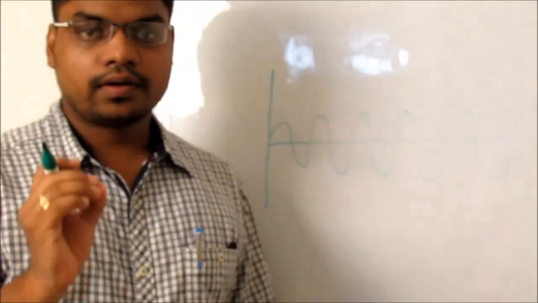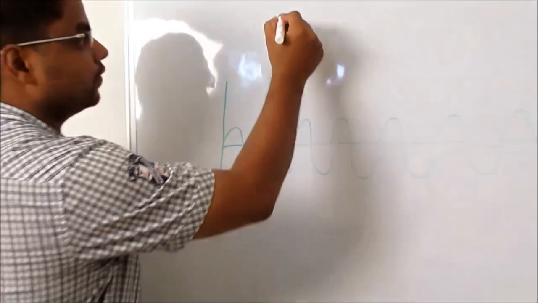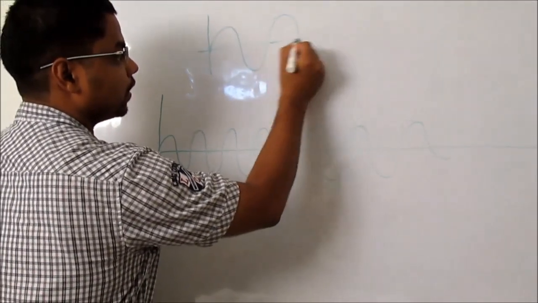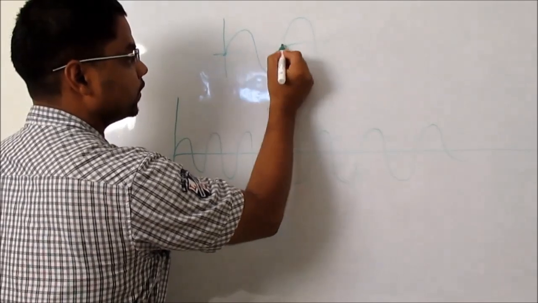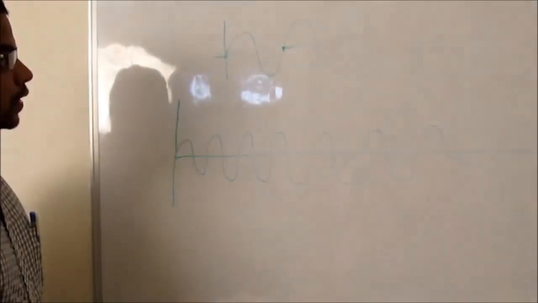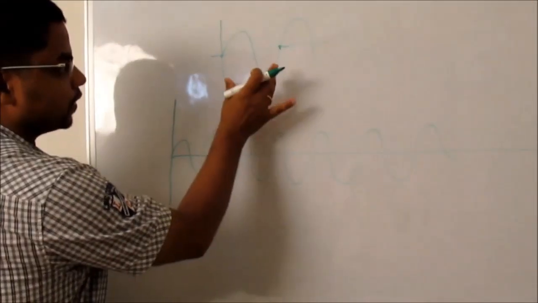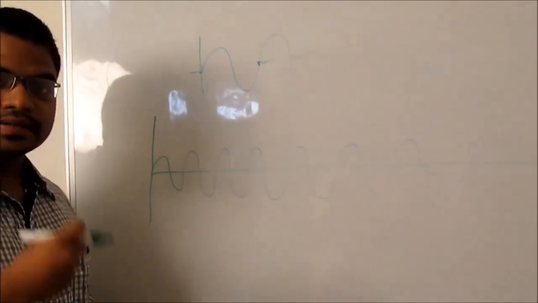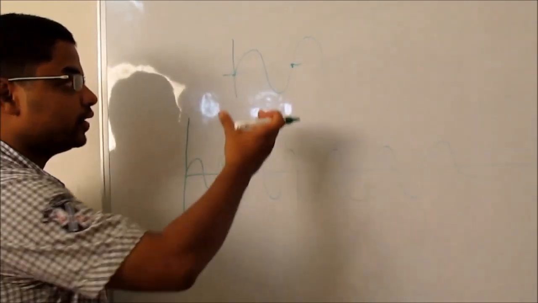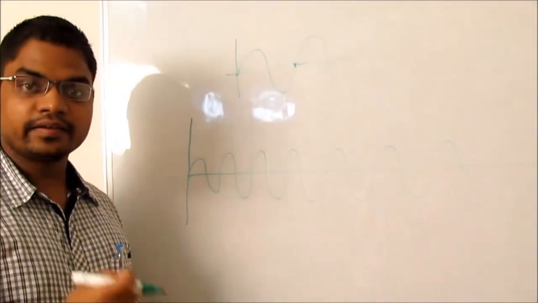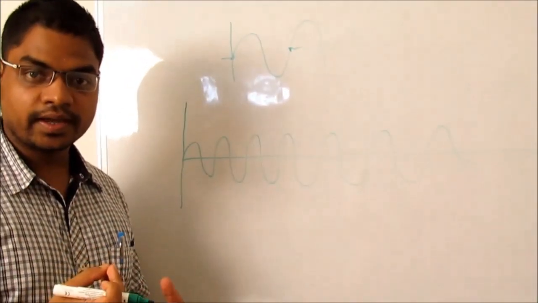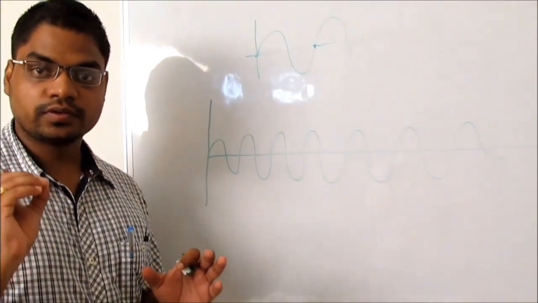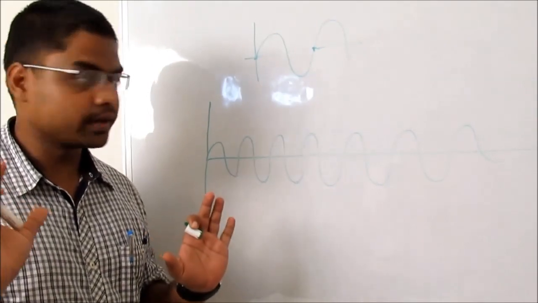Now consider 1 cycle first, from here to here. If I have to take its samples so that I can reconstruct it and get all its information, or represent it almost perfectly, I have to take the minimum number of samples needed to represent it properly.